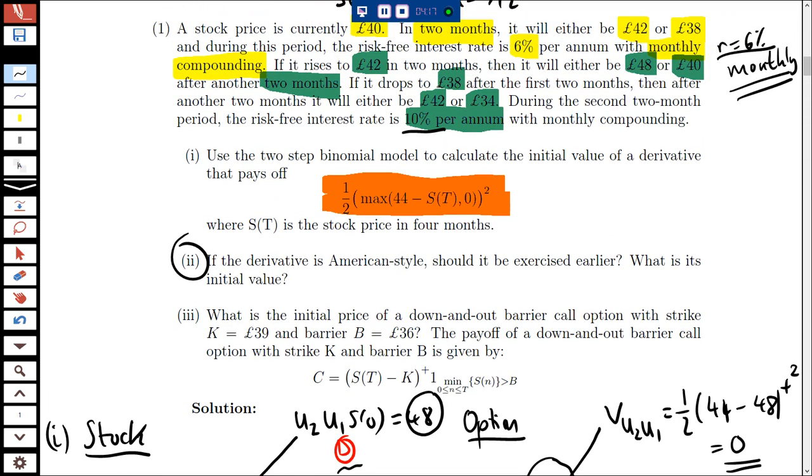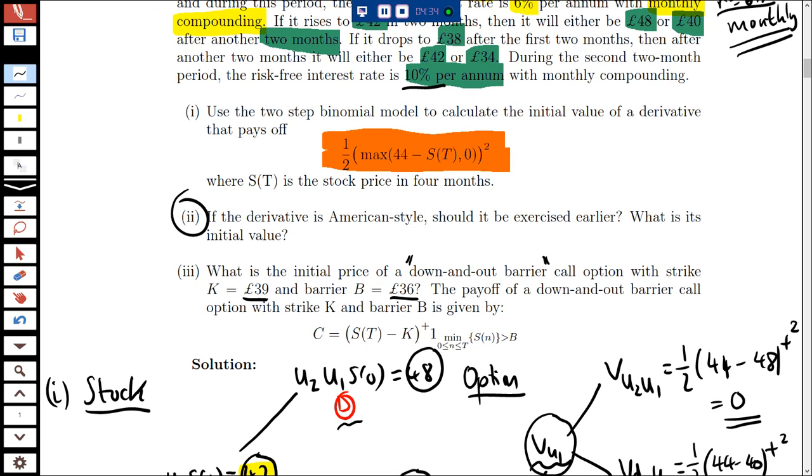Here we go. What is the initial value of a down and out barrier call option with strike of 39, a barrier of 36, and they pretty much tell us what a down and out call option payoff would be.